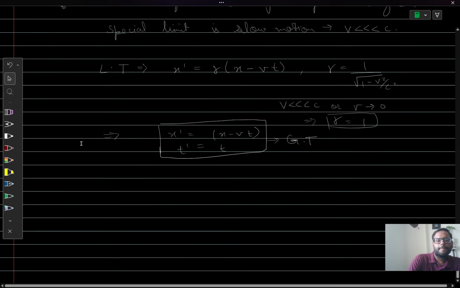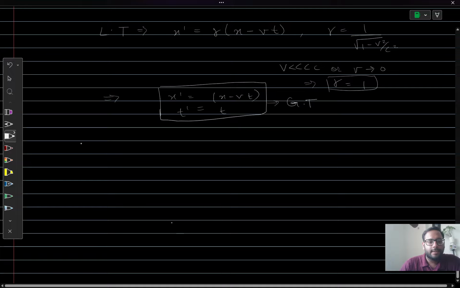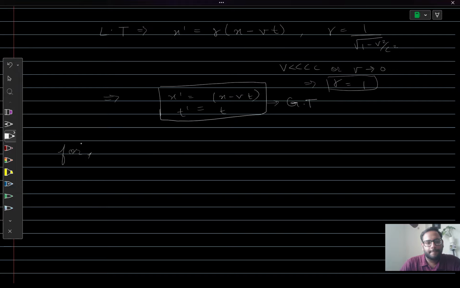Now, of course, this should also work for velocity additions. I have u x prime equals u x upon 1 minus v u x by c squared. Take this limit, v is very small compared to c, or v tending to 0.